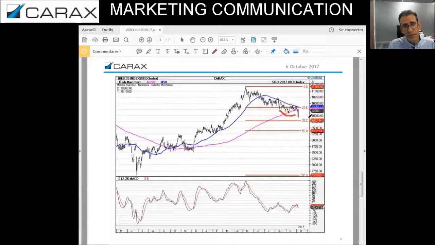What we saw over the last few days with the Catalan story is instead of a breakout, a breakdown. So the IBEX dropped below its 200 moving average. I don't consider it a major technical event because the 200 moving average is rising.